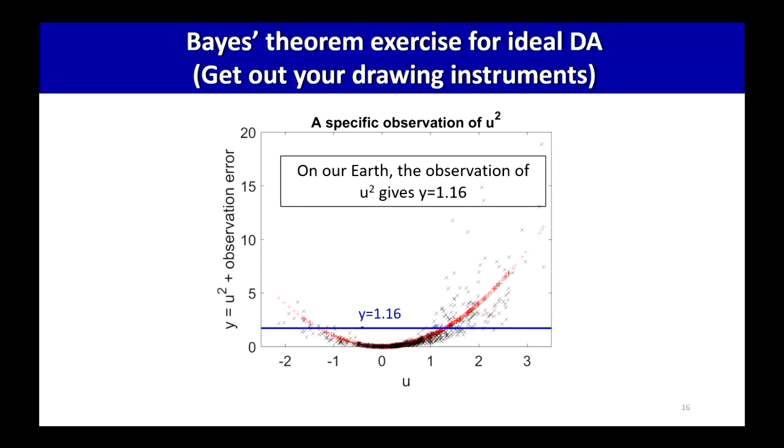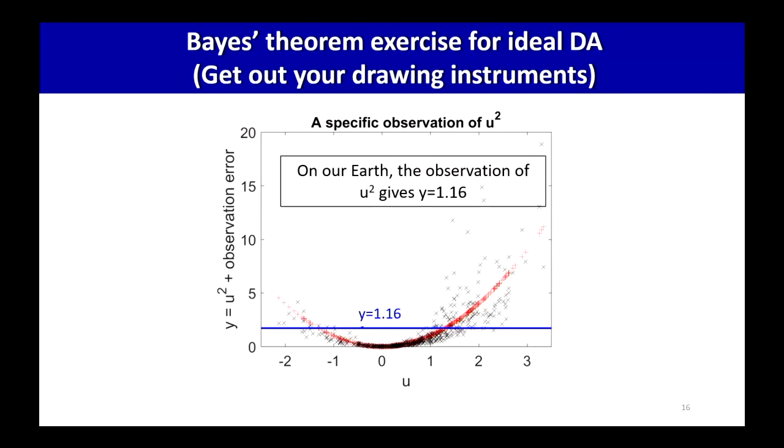And then we've got all these realizations of truth, which is this red line. We're going to go up to about 10, and then here it's going to peter out around 2. And then we've got observations around that.